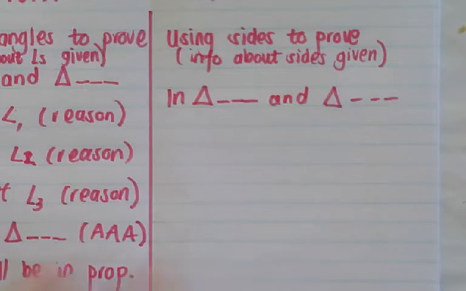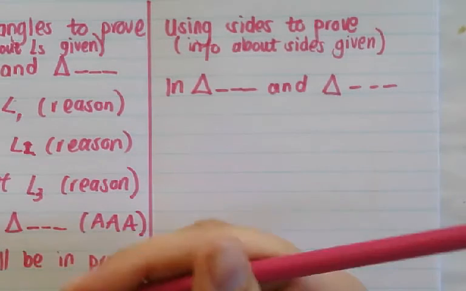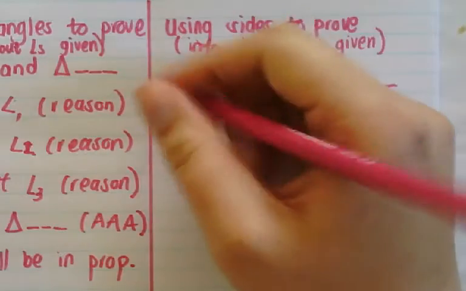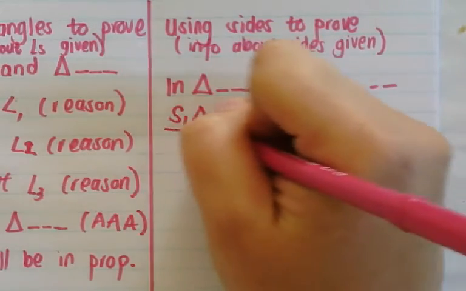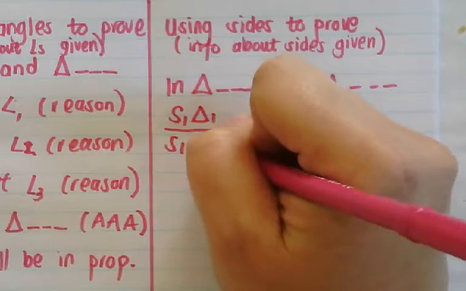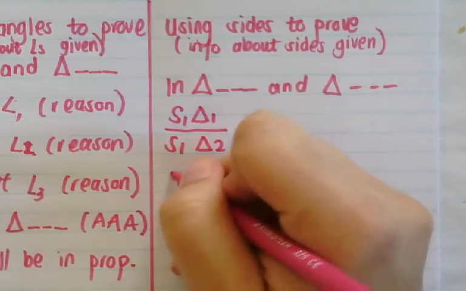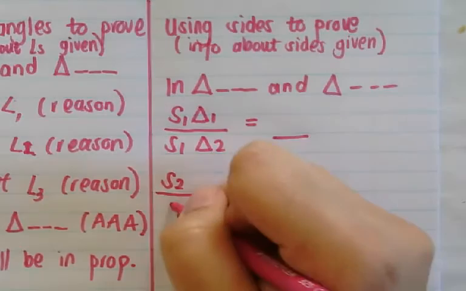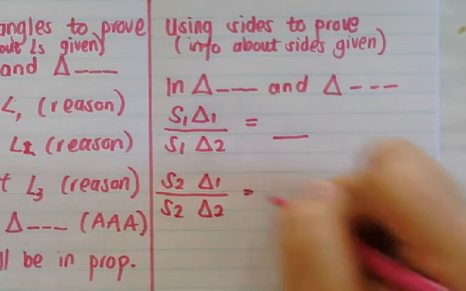Now what's going to happen is that since I've been given sides, I need to prove that they have the same factor between them. So what I would do is I would find side 1 of the first triangle and divide it by side 1 of my second triangle and get an answer. Then I'm taking the next set, side 2, from triangle 1 and dividing it by triangle 2 and getting an answer.